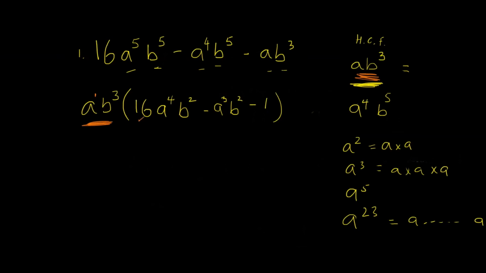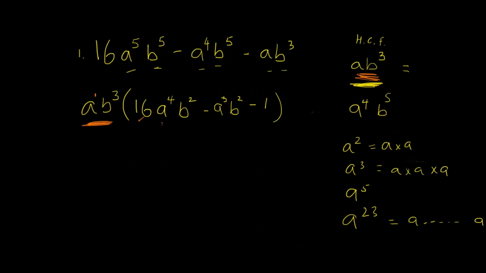The second expression is a. But I got an a^5 here originally. But if I take an a outside, what do I need to multiply a by to get a to the power of 5? I've got to multiply it by this.